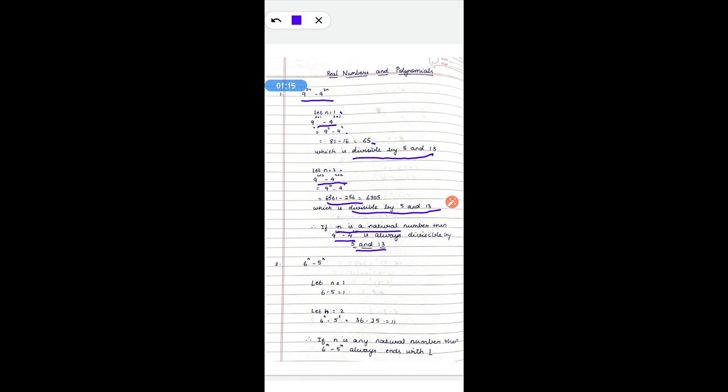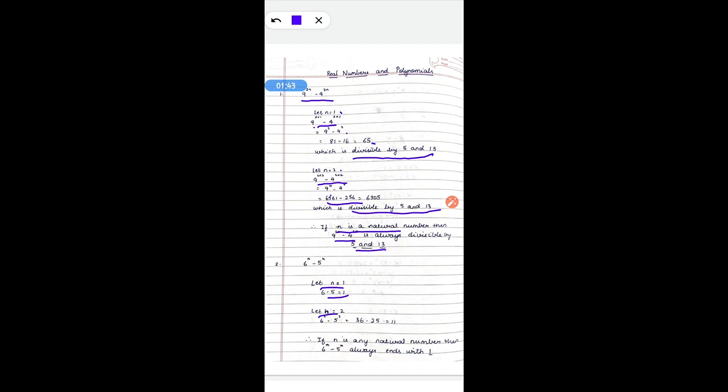Second question, 6 power n minus 5 power n, where n is a natural number. Then 6 power n minus 5 power n will always end with. For this, let us first take n equal to 1. We get 6 power 1 minus 5 power 1, which is equal to 1.